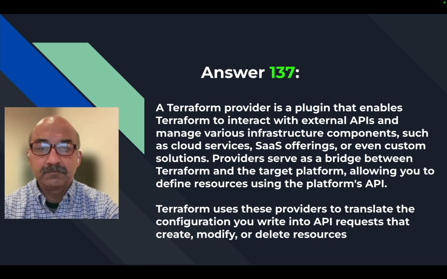That's the key. When you are dealing with providers, a provider is basically a plugin that's a bridge between your Terraform code and the API coming from the service provider, in this particular case, AWS. So when you're using the AWS provider in Terraform, all you're doing is using somebody else's code that is already written, making the bridge between your code and the APIs available for you in AWS.